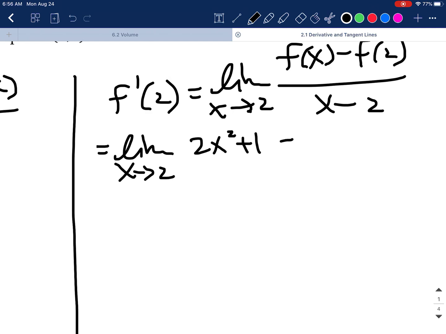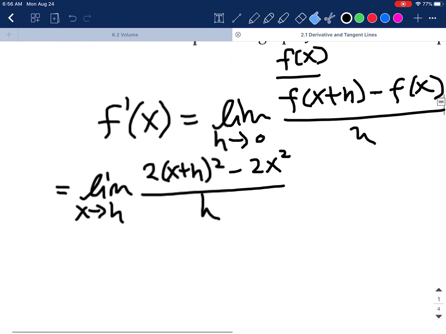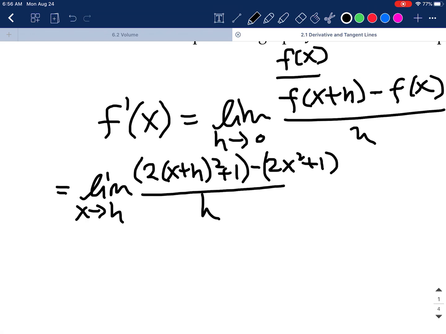Oh, whoops, I forgot the plus 1. Minus, we know that f of 2 is equal to 9, all over x minus 2. So we go back and fix this one. Now, it's actually not going to matter in the end, but it does matter to begin with. So there's my f of x plus h, minus 2x squared plus 1. You'll notice, though, that the plus 1s are going to cancel when we distribute.